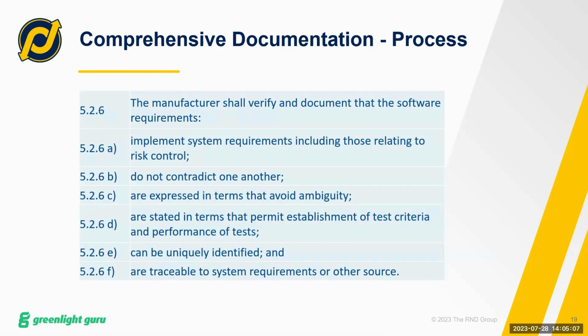What we do is we provide tracing from the system requirements to the software requirements. I would explain that, and then also state using such and such template or document. And if I didn't have a template, then I would just name what the output document will be. And then the other items, do not contradict one another, are expressed in terms, et cetera. What we typically do there is we do that through a review process, a technical review.